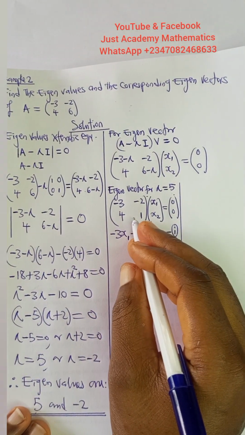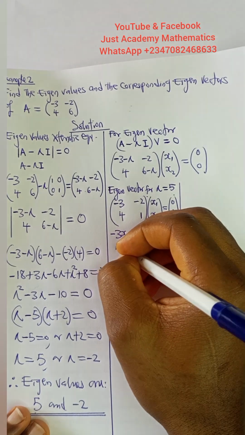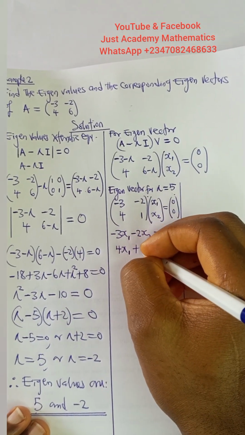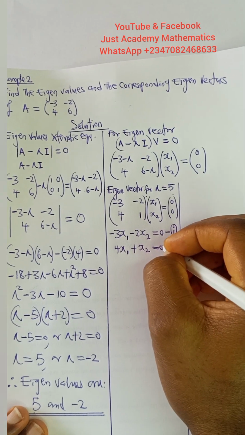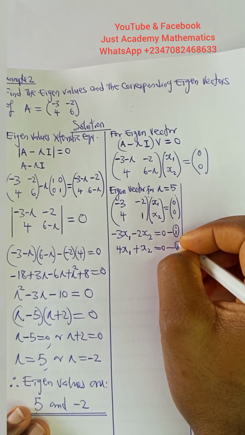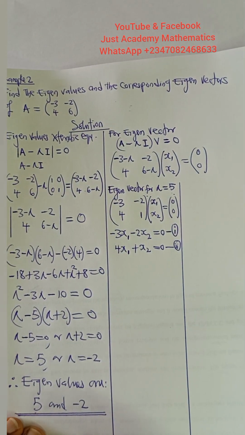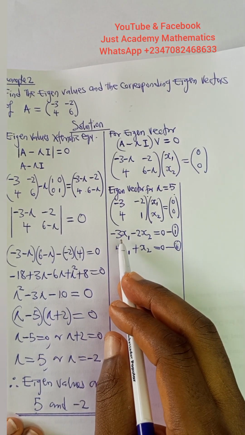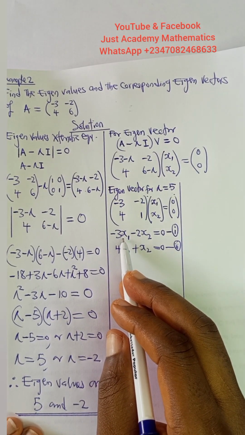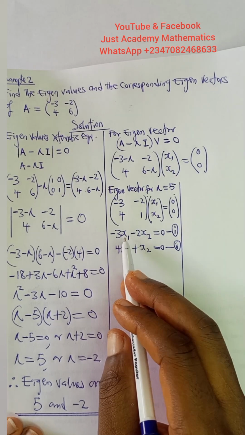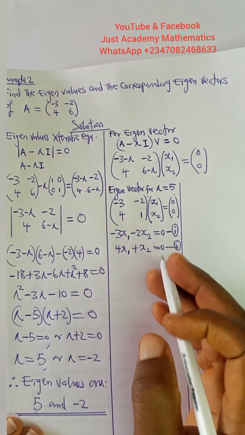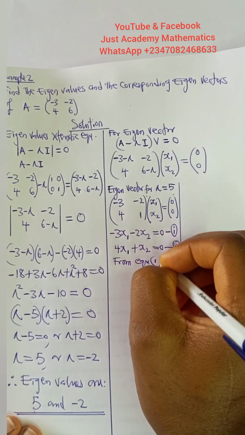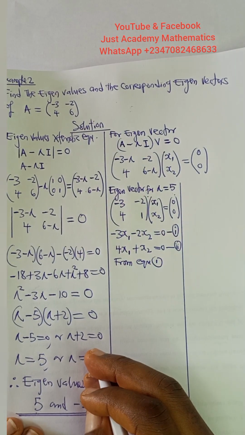We'll do the same thing with the second row. 4 times x1, 4x1, 1 times x2, plus x2 is equals to 0. This can be regarded as equation 2. So now, from what I told you from the last example, we make x1 the subject from equation 1 in terms of x2. So this is what I mean. From equation 1, let's make x1 the subject.